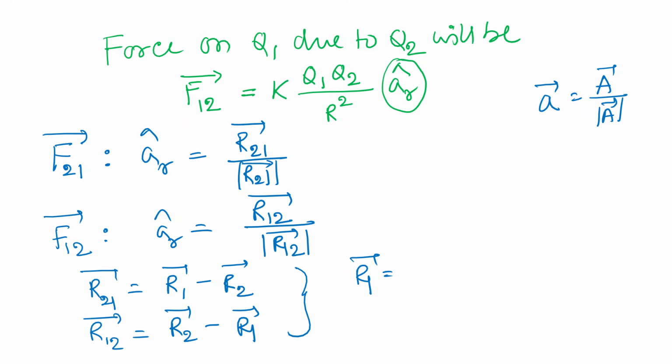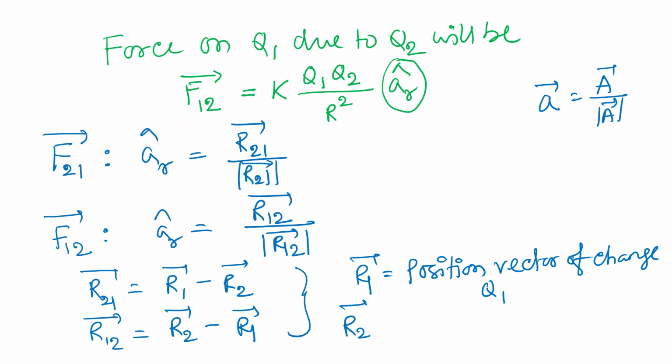r1 vector is nothing but the position vector of charge q1, and r2 vector is nothing but the position vector of charge q2.